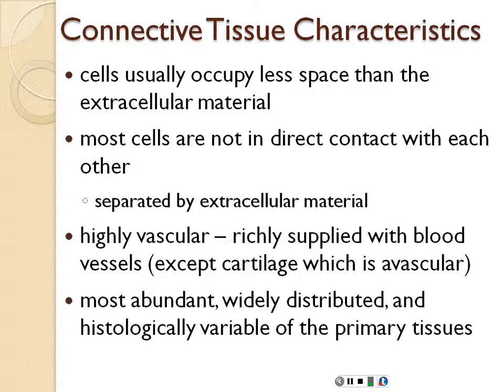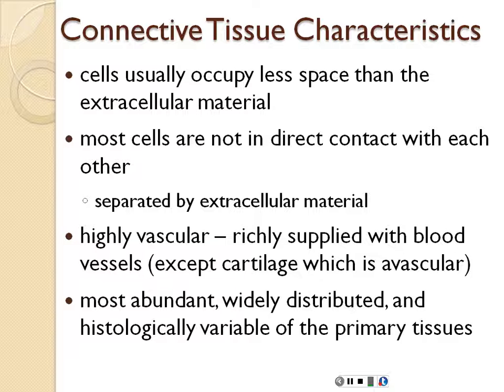There are exceptions. So the connective tissue type that does not have blood vessels is cartilage. So cartilage is a connective tissue, but it is the one that does not have blood vessels. So you could say cartilage then is avascular, the avascular connective tissue. Connective tissues are the most abundant and widely distributed and histologically variable of the primary tissues.